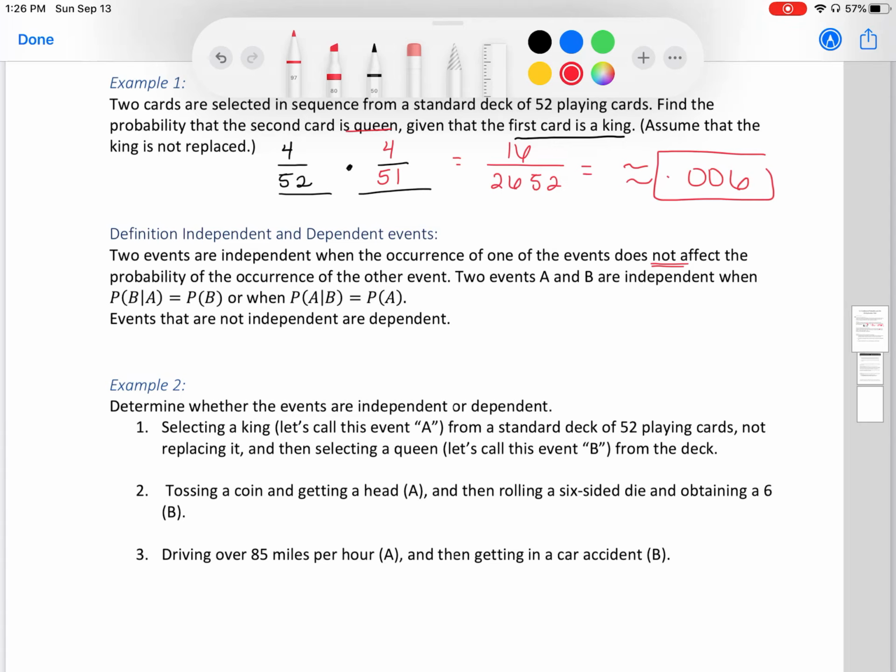Events that are not independent are said to be dependent. So one way of putting it is, if it affects the other one as a result, then it is dependent.